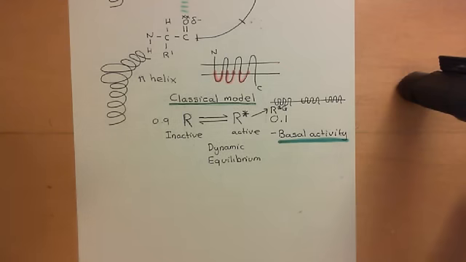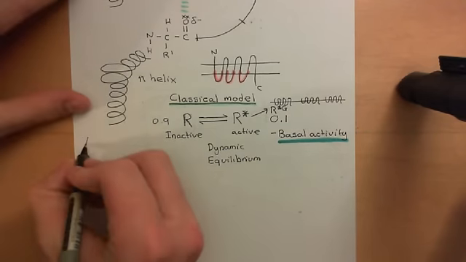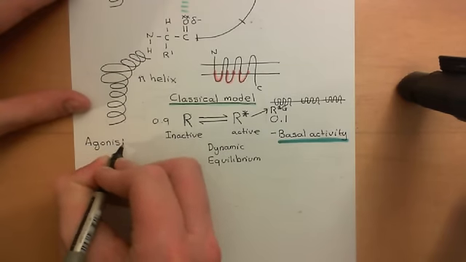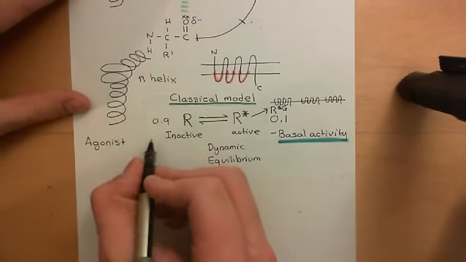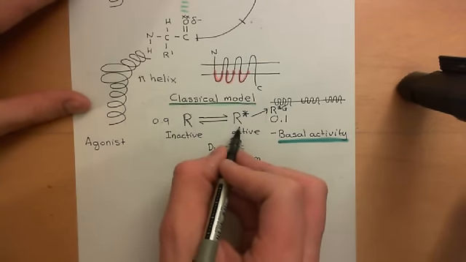Okay, so the next concept I want to talk about is what an agonist is going to do, what a classical antagonist is going to do, and what an inverse agonist is going to do. An agonist is any molecule which binds to the G protein coupled receptor and increases the probability that the receptor is going to be in the active state.